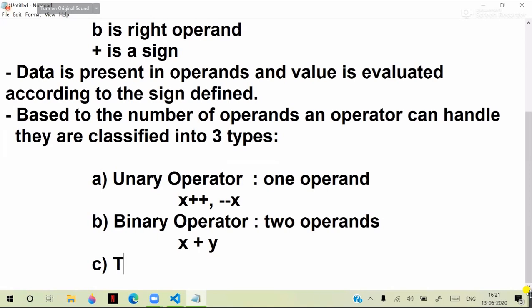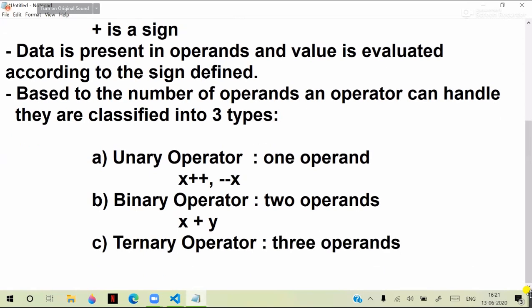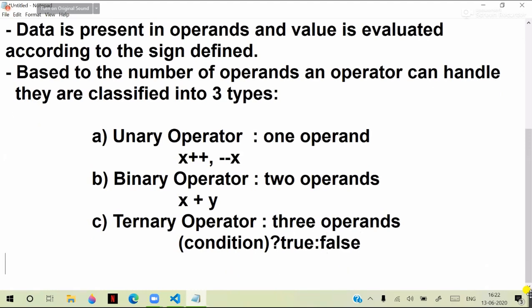We have ternary operators which use three operands. That means we have question mark, colon. Before the question mark we have a condition, after the question mark we have the true statement, after the colon we have the false statement. This is entire one operator only, but three operands are present.